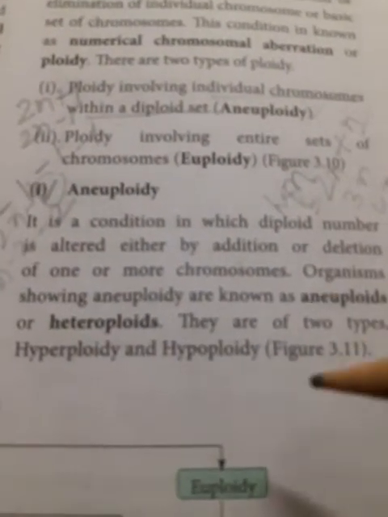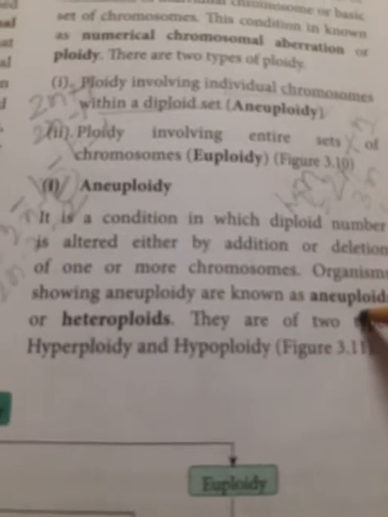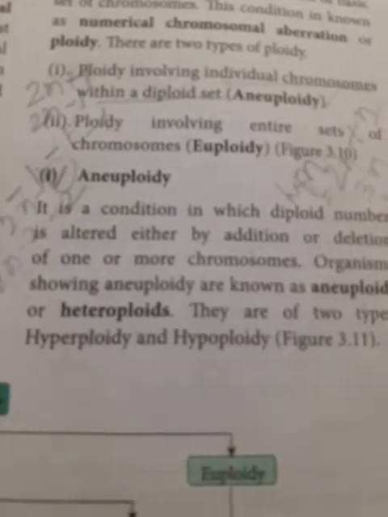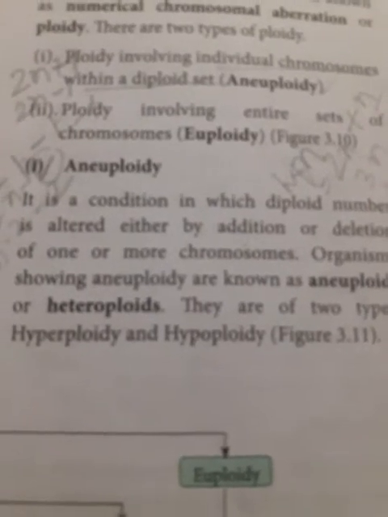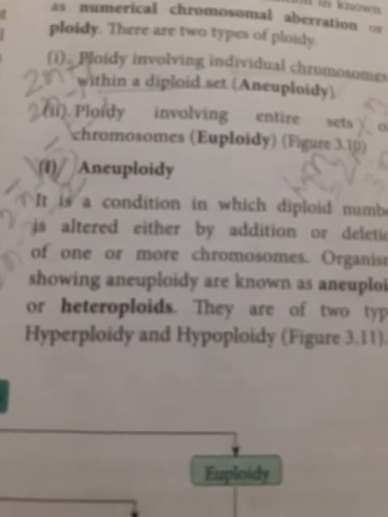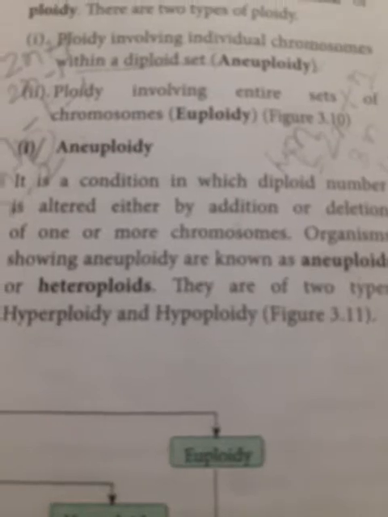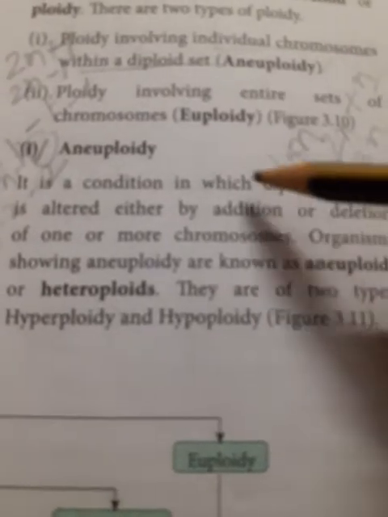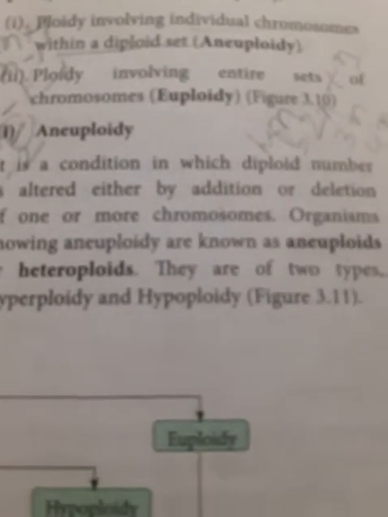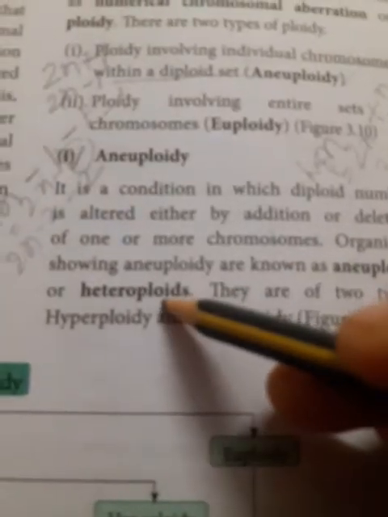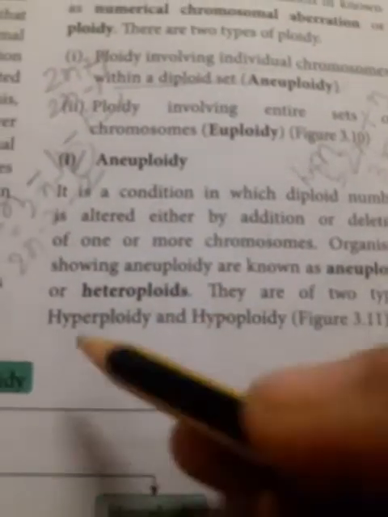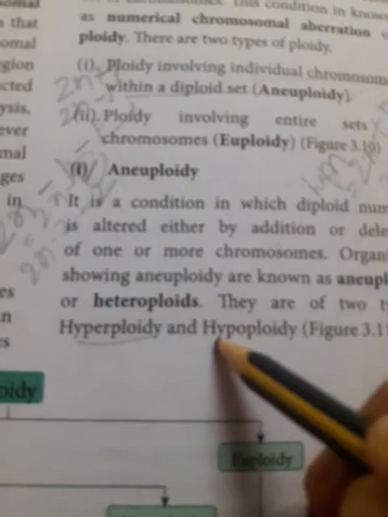Organisms showing aneuploidy are known as aneuploids. So what I told you is that from the diploid set of chromosomes, when one or more individual chromosomes are added or deleted, it is called aneuploidy, and the organisms are called aneuploids, or heteroploids. There are two types, hyperploidy and hypoploidy.